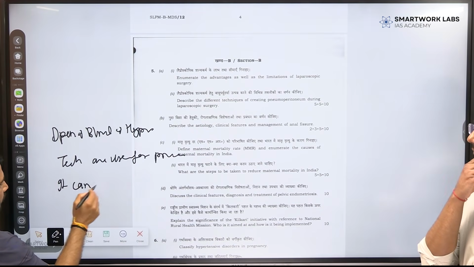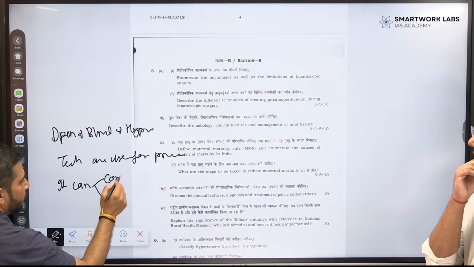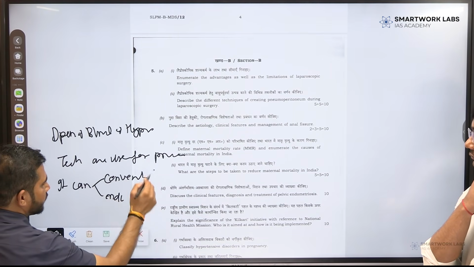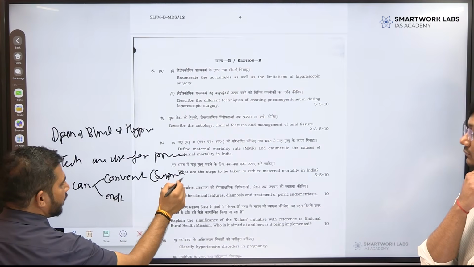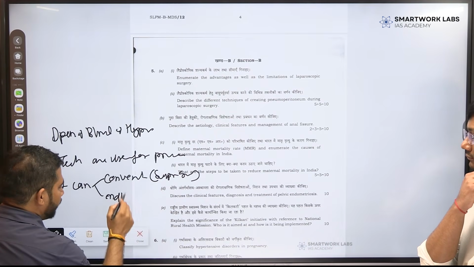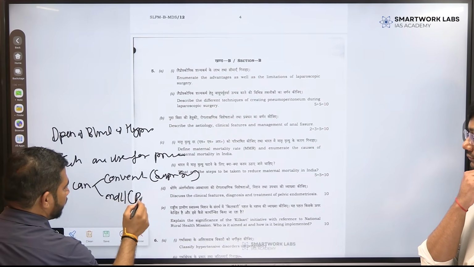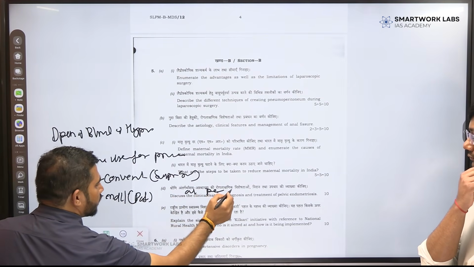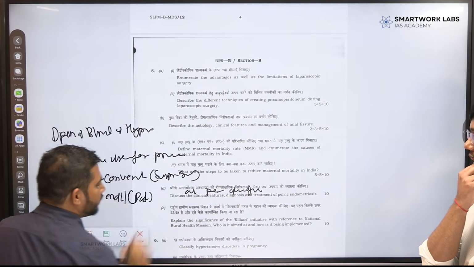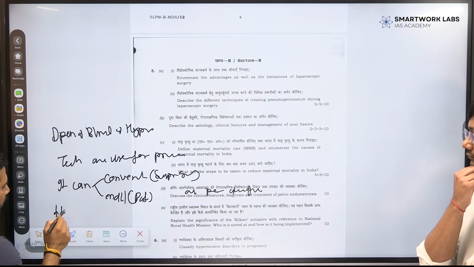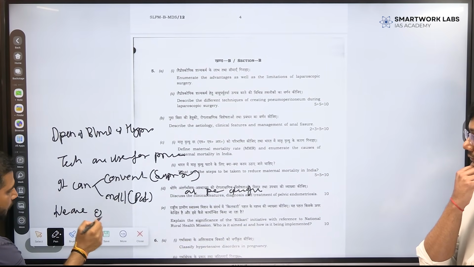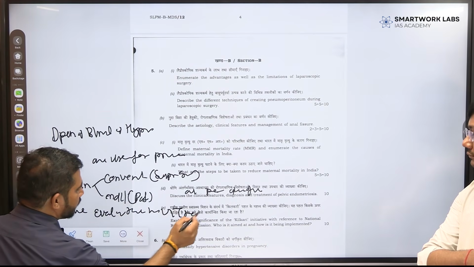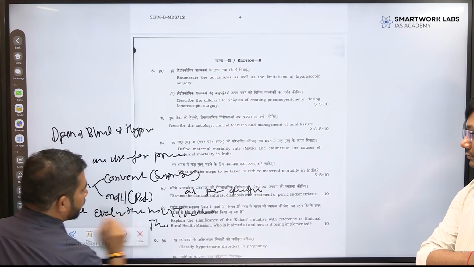It can be conventional or modified. Conventional जो हम supraumbilical port डालते हैं, infraumbilical port डालते हैं. Modified like Palmer's space, as per the condition of the patient. We are evolving new techniques like the VI trocar for creating pneumoperitoneum.